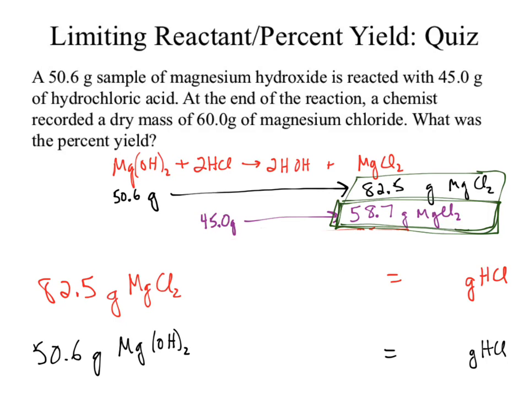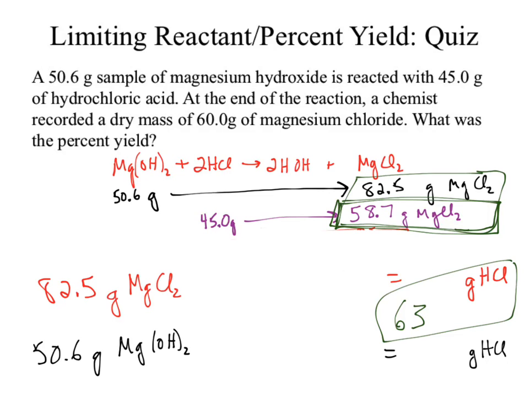Either way we solve this, we got how many grams of hydrochloric acid necessary? 63 grams of hydrochloric acid are necessary to make 82.5 grams of magnesium chloride. 63 grams of hydrochloric acid are necessary to react with 50.6 grams of magnesium hydroxide.